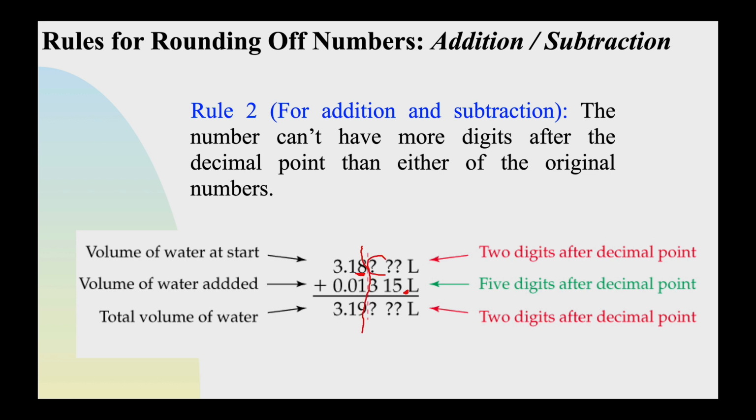We don't know what those numbers are up there. Maybe they're zeros, maybe they're nines, who knows, right? But we can't have any confidence in those positions because the uncertainty in 3.18 is too great. So we're going to cut this off at 3.19 liters.